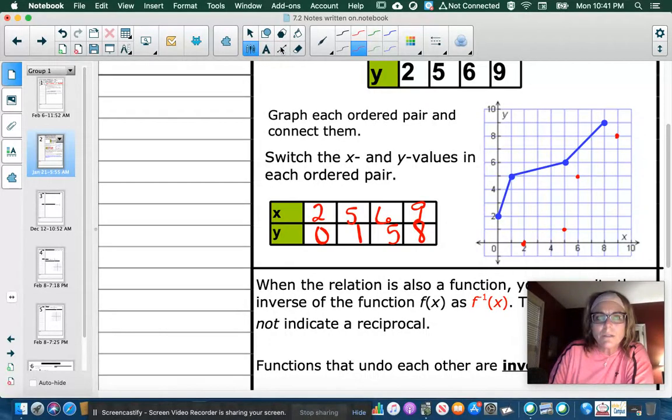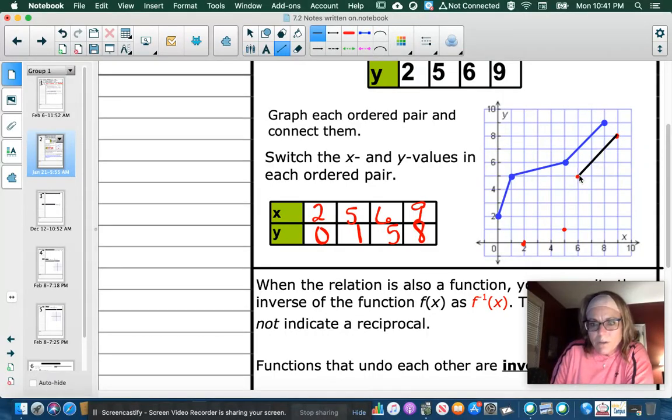So let's get my little line out here to make it easier. So from here to here, from here to here, from here to here. And basically what happened is the blue line reflected over the line y equals x.